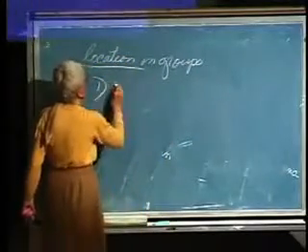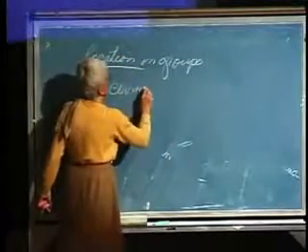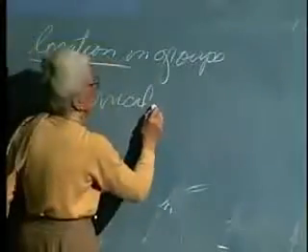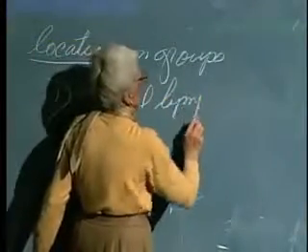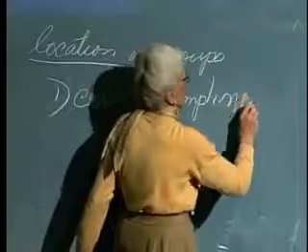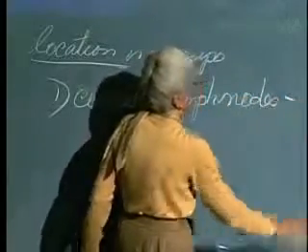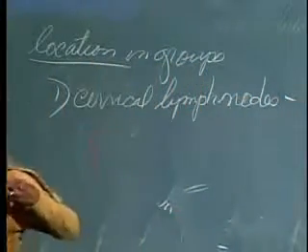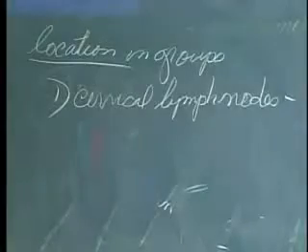Let's give you the cervical lymph nodes, because most of you probably know those. Obviously, they're going to be in the neck. They're going to be on the medial border of your sternocleidomastoid. So now you know your sternocleidomastoid. Palpate it. Go to your medial border. Do you feel lymph nodes there?